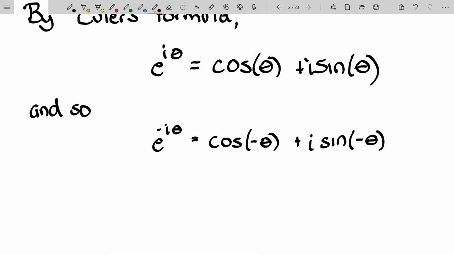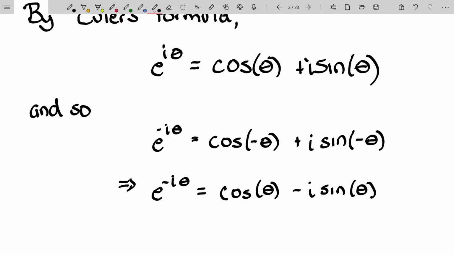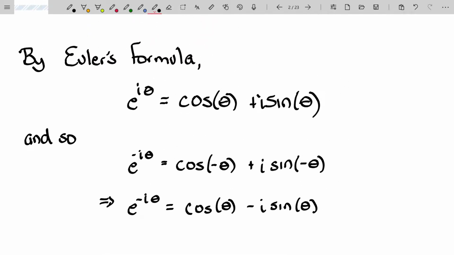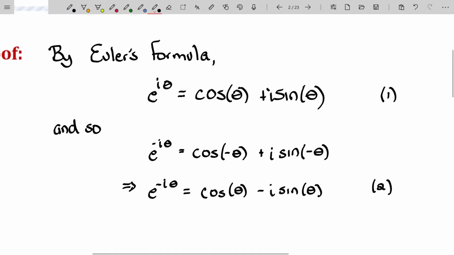However, we know that cosine is an even function, so this is e to the negative i theta is equal to cosine of theta. And we know sine is an odd function. So sine of negative theta is negative sine of theta. Okay, and I'm going to call this one up here formula 1, and this is formula 2.